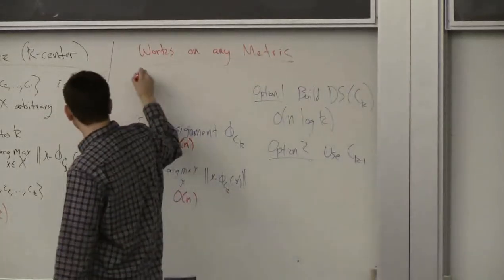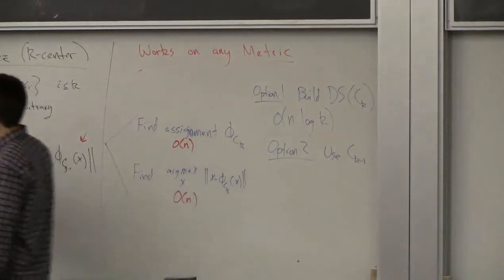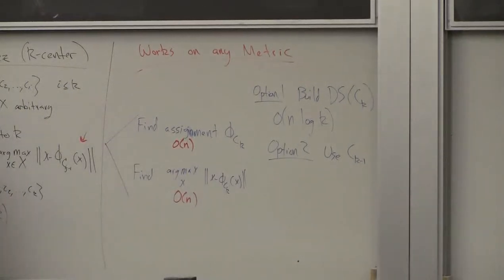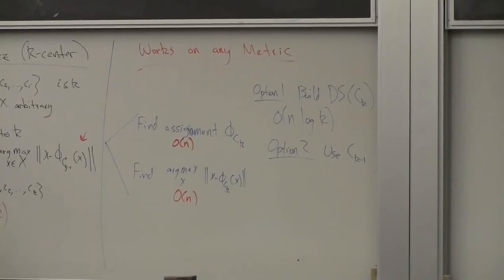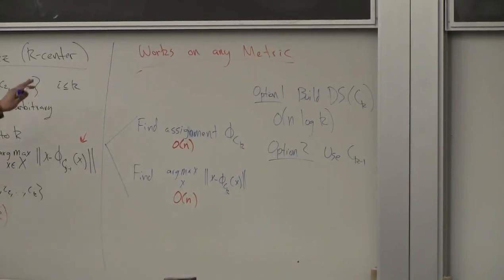So that's where this distance here that I'm using in the assignment. If this is any metric, I can use this same algorithm. I'll still get this 2 approximation to the optimal result. So any metric distance will work. I don't need to restrict myself to Euclidean distance.